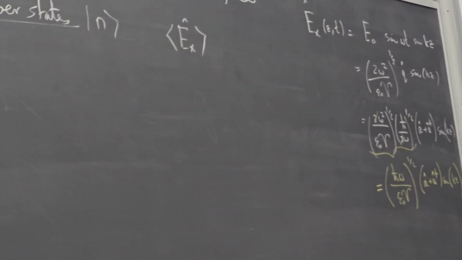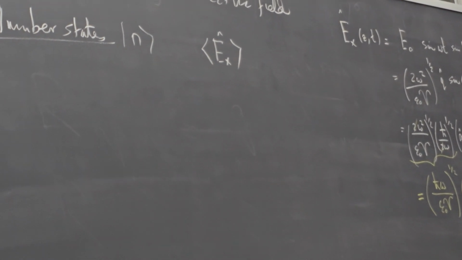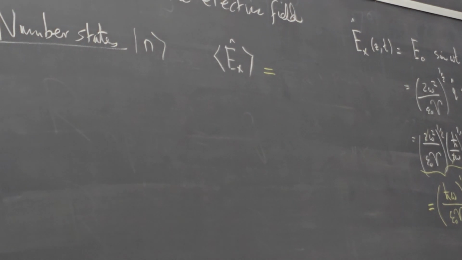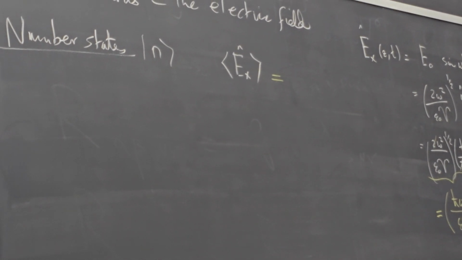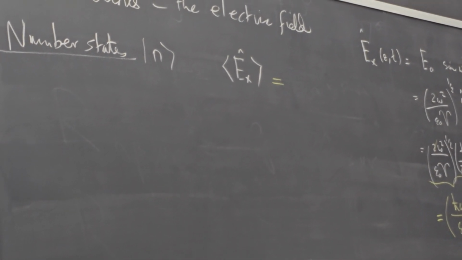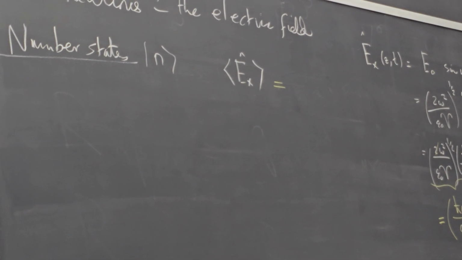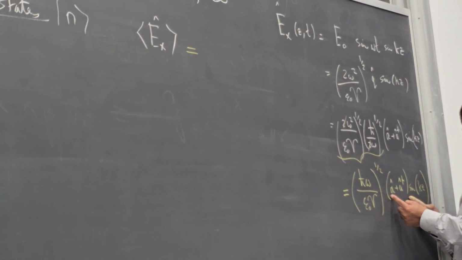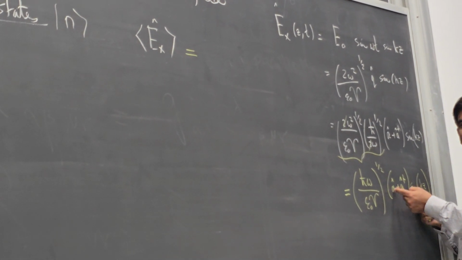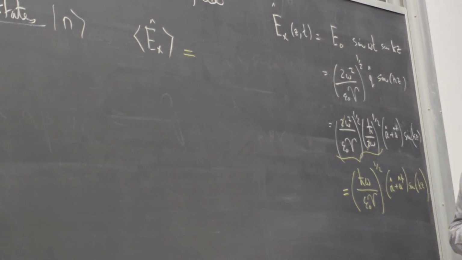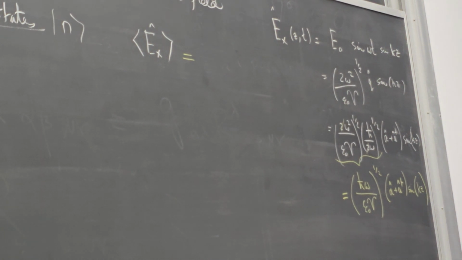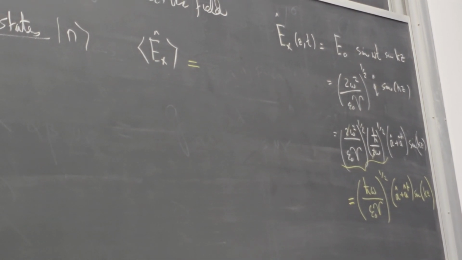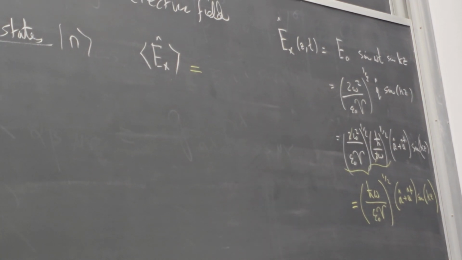Correct? Fine. So now if I want to find the average of this, the expectation value of this operator in a number state, I just take the expectation value of this object in the number state. Now what's the expectation value of this in the number state? Expectation of a plus expectation of a dagger. It will be zero.